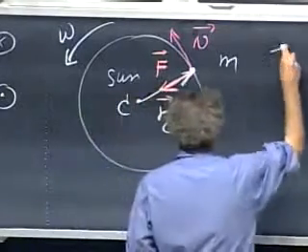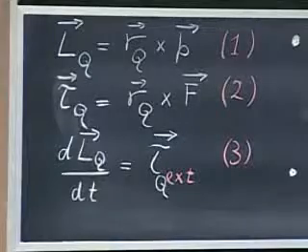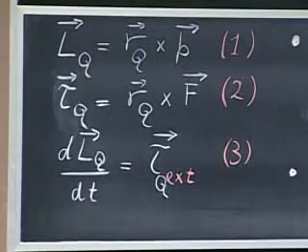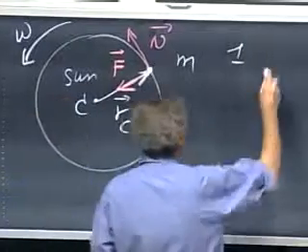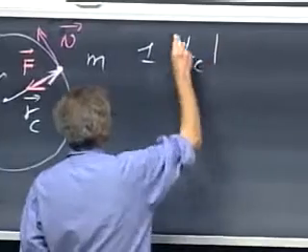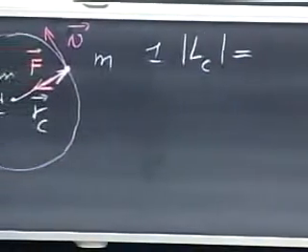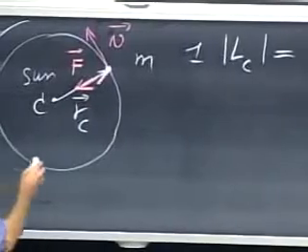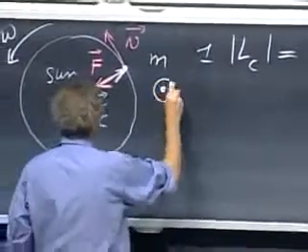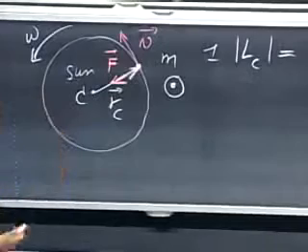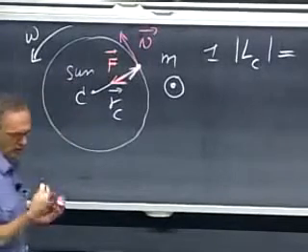Well, go to equation number 1. And the angular momentum relative to point C, L relative to point C, the magnitude, because the direction is clear, if it's going, as seen from where you are, counterclockwise, then the direction of the angular momentum will be pointing out of the blackboard. So I'm only interested in the magnitude.